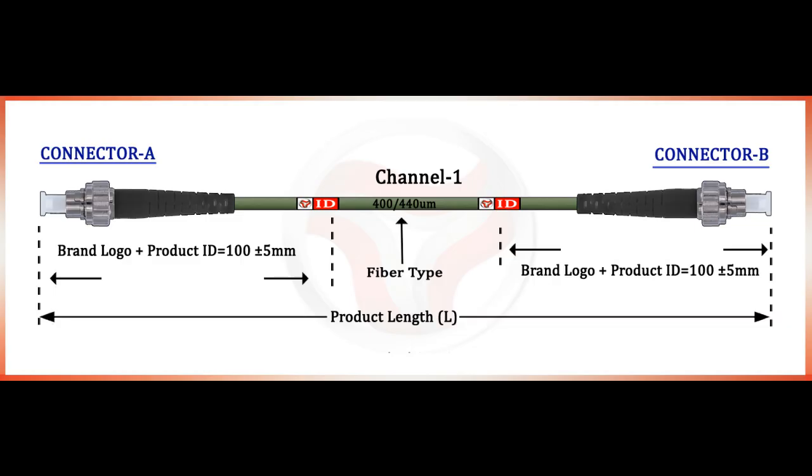Here, each fiber optic patch cord is identified based on its ID, which is marked in red inside the picture, and the type of fiber, which is 400/440 micron, printed in the middle of each fiber optic patch cord. This enables a user to identify the type of fiber, the end of each fiber or the tip of each fiber among a bunch of fibers. This is the speciality we do with the patch cords. All types of patch cords we manufacture will have this ID as well as the fiber type.